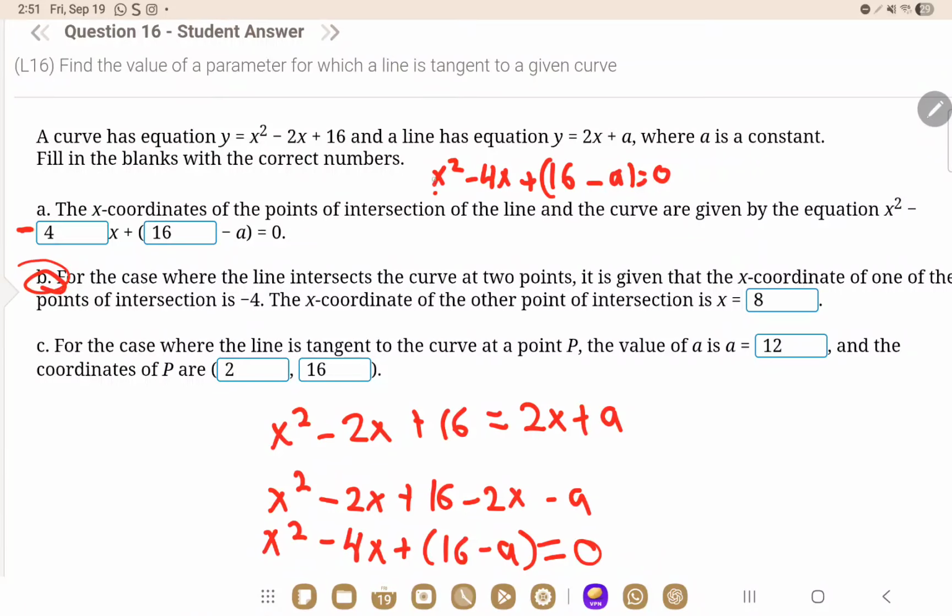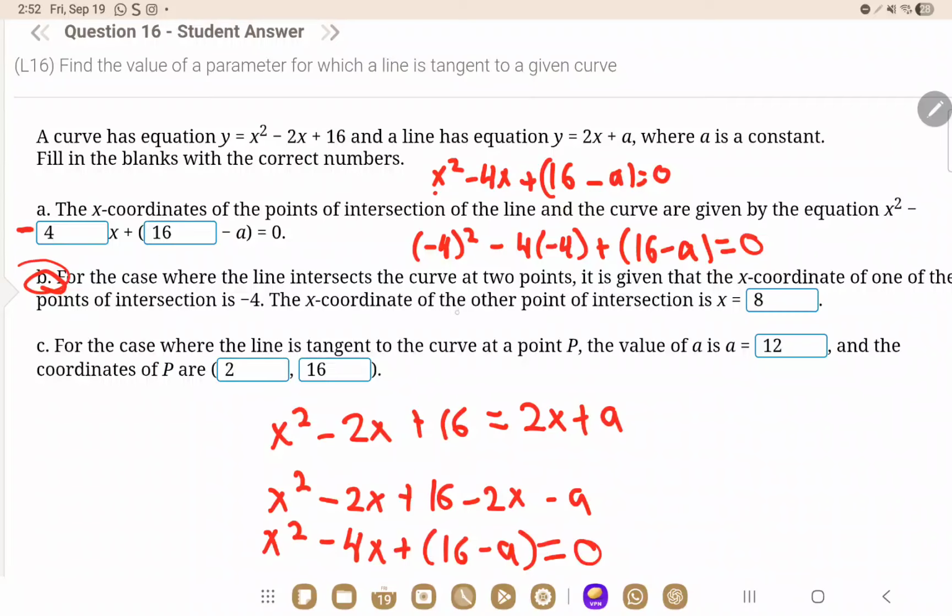We need to first substitute -4 for each x. -4 squared minus 4 times -4 plus 16 minus a equals 0. Now find a. So it's going to be 16 plus 16, which is 32, plus 16 minus a equals 0.